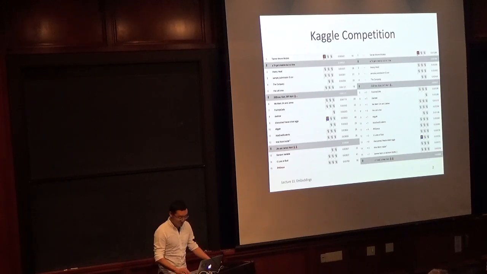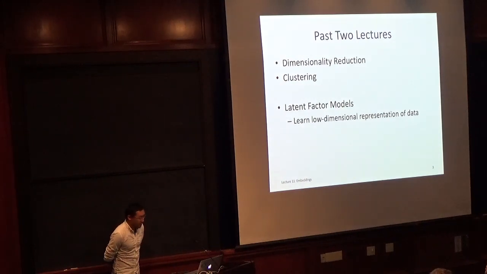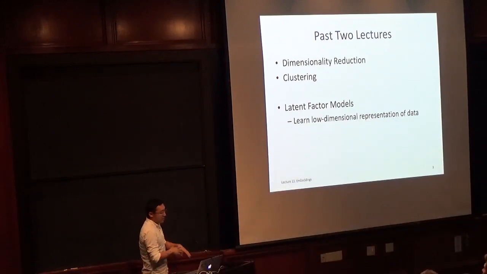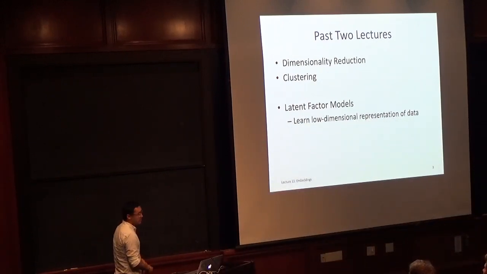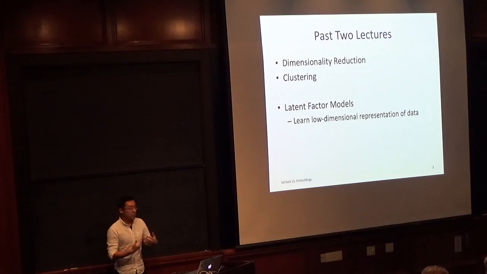Okay, moving on to the content of the lectures. In the past 2 lectures we've been talking about aspects of unsupervised learning and segueing to latent factor models that try to learn low dimensional representations of the data. In fact, even in unsupervised learning, the goal is to learn these low dimensional representations.